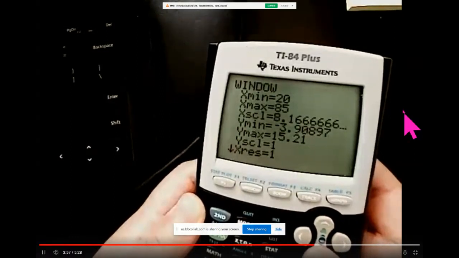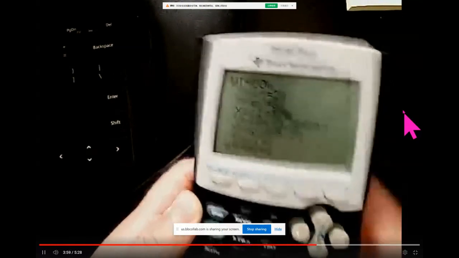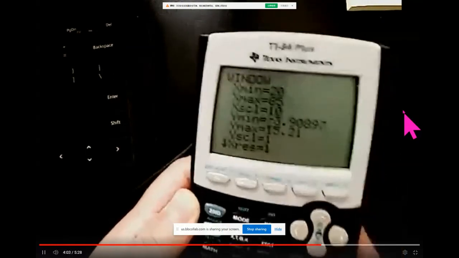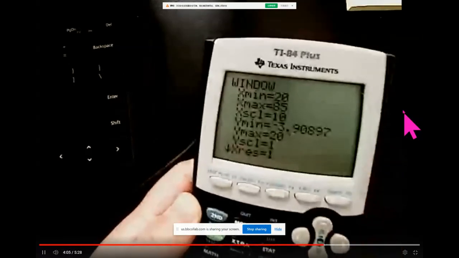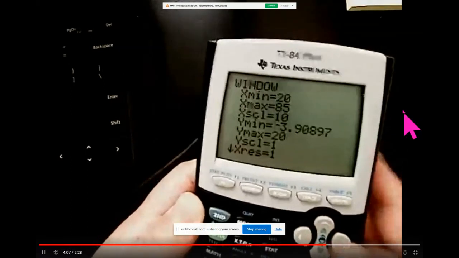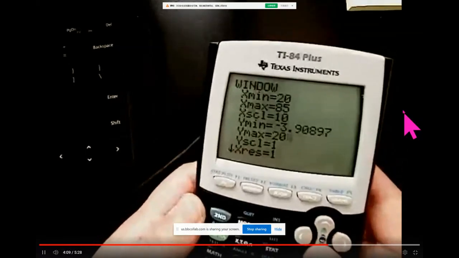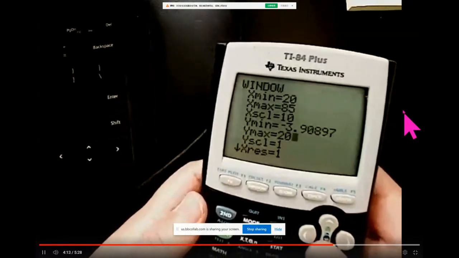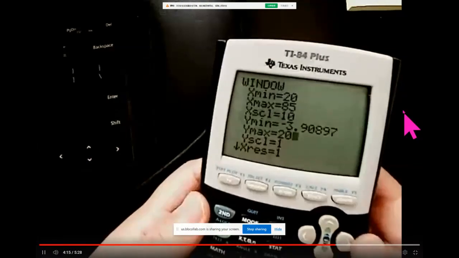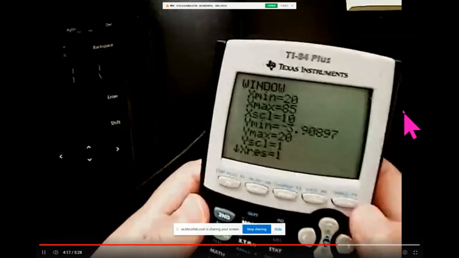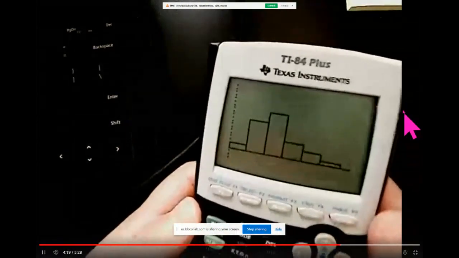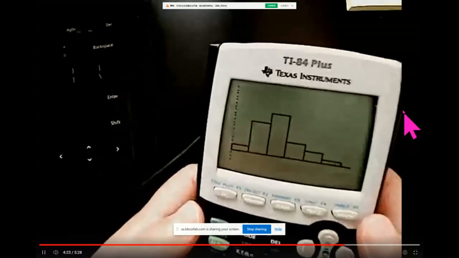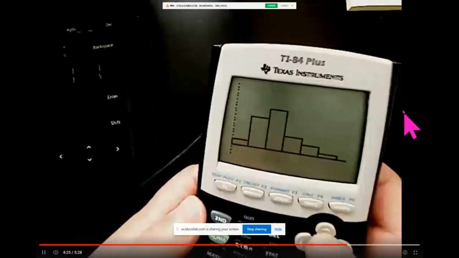Very important here. So this is the correct T-square. We have to go to Windows to fix the values.